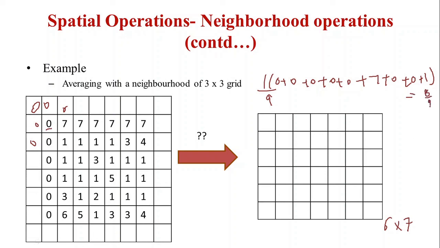So suppose we are doing the ceiling operation, because we know in our image we keep only integer values as intensity, so this output will come as 1, right? In a similar manner, you are going to compute the averaging corresponding to this particular pixel value, and write down the value obtained after doing averaging over here, right?